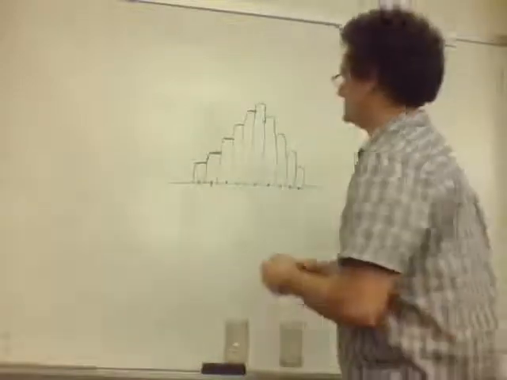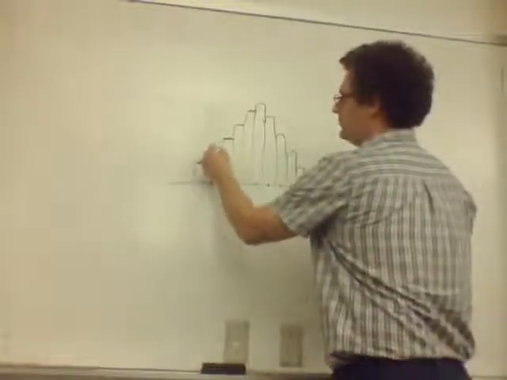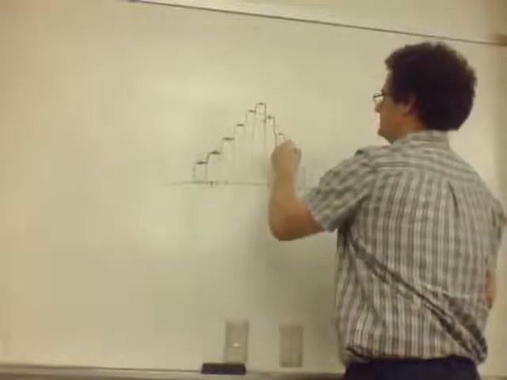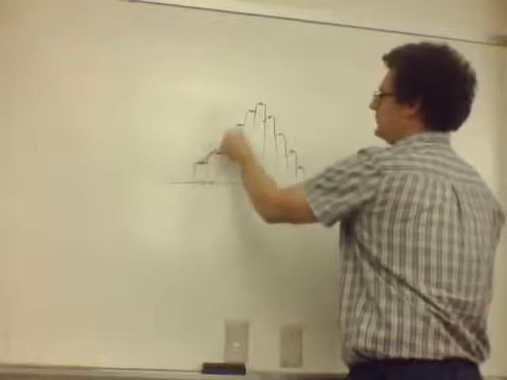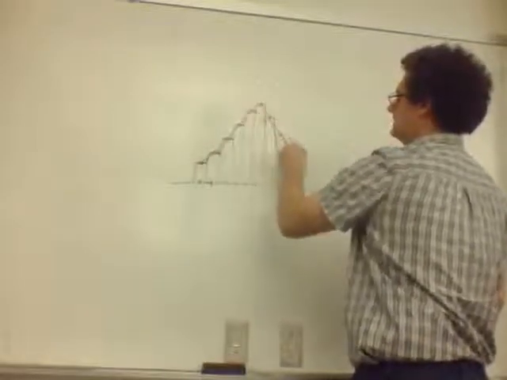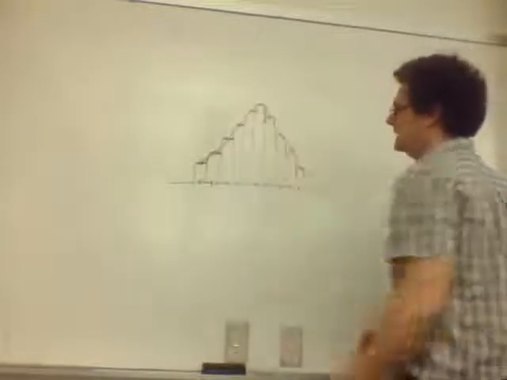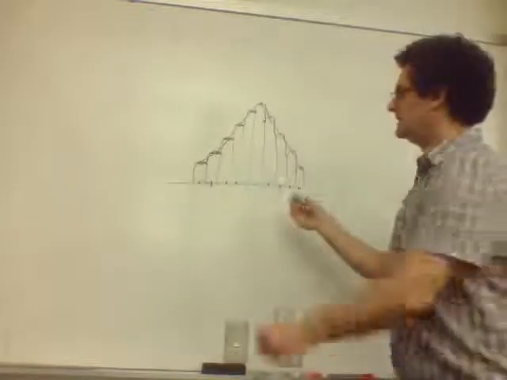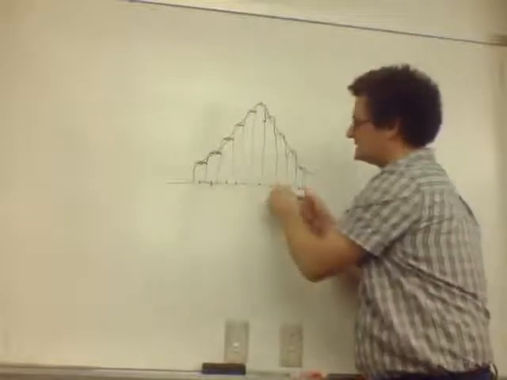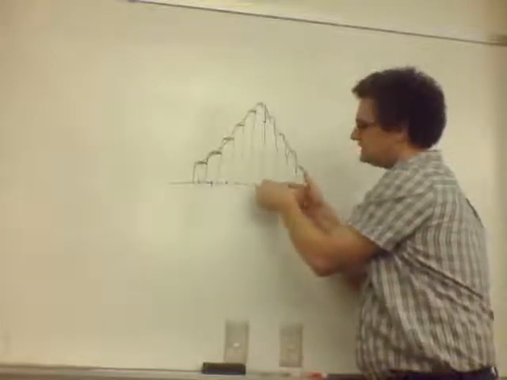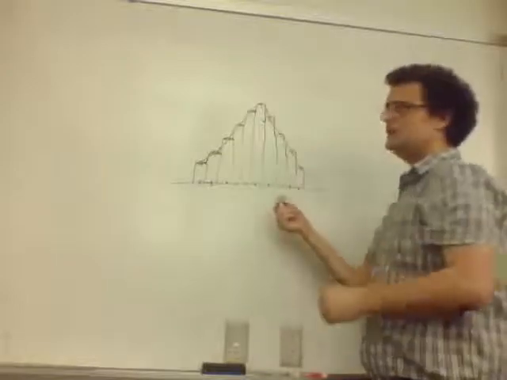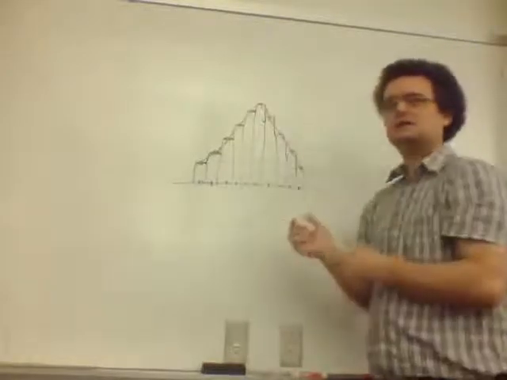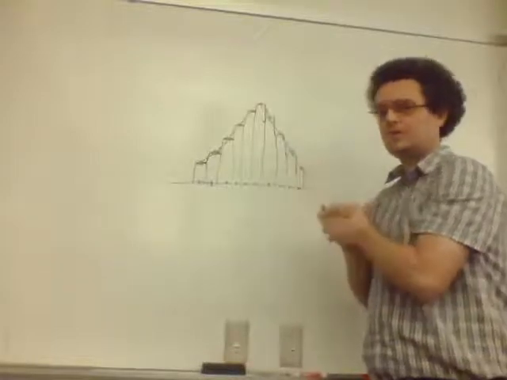Okay, so if you connect, let's say, midpoints of the top sides of those bars, you get a polygonal line. Something like this. But if you have a distribution that can take not just these values but also a lot of values in between, then above each possible value you will have a bar, and in that case bars will be narrower.